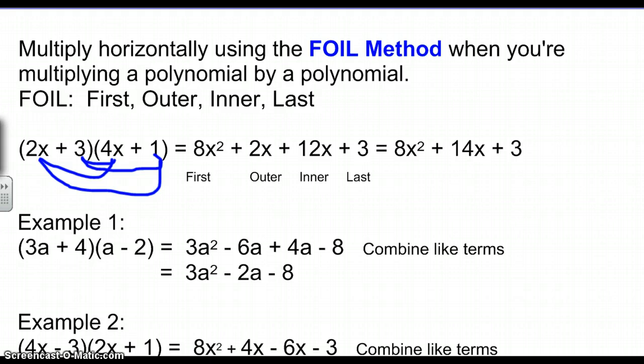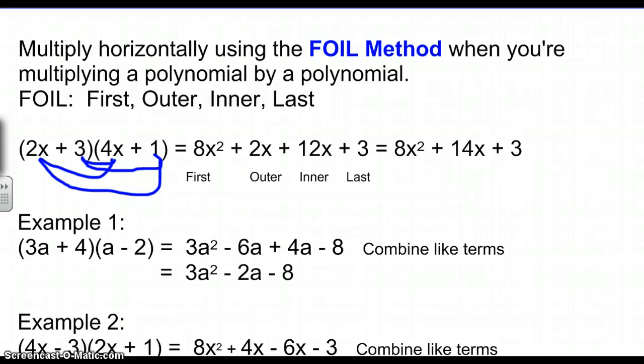Then the 2x times the 1, that's the outer term, and you get 2x. Then the 3 times the 4x to get 12x. And then the 3 times the 1, which is 3. You have to combine those two middle terms. You see you have two x terms in the middle, so that you get 8x squared plus 14x plus 3.